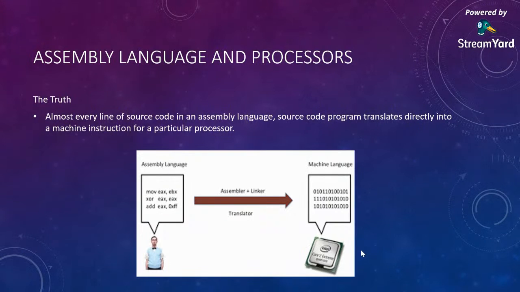And then there is an assembler or linker, which is used as a processing unit in order to translate your assembly language into the machine language. So whatever language that you use to program the computer, there is always an assembler or linker which is used as a translator. What is a translator?